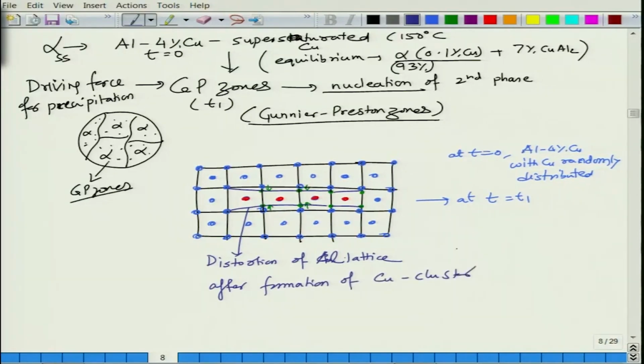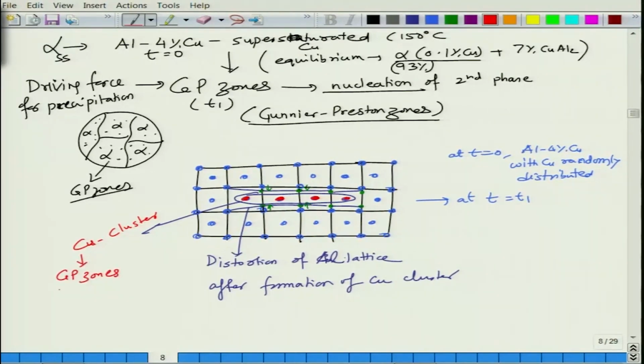So what you have is this thing called copper clusters. These are nothing but, you can say, they become red, blue again. So you can say these are copper clusters, okay, and these clusters are called, basically, the GP zones.